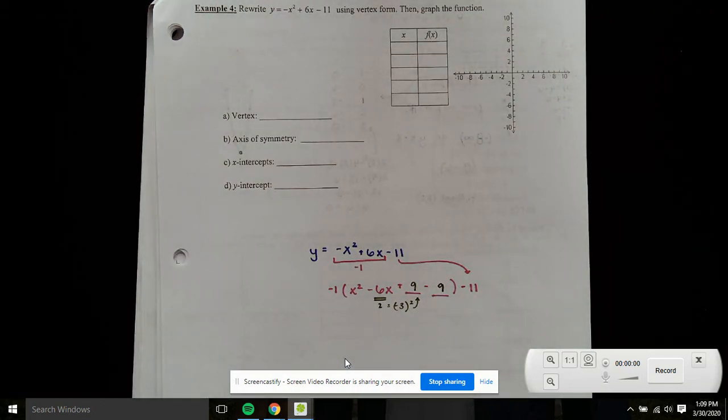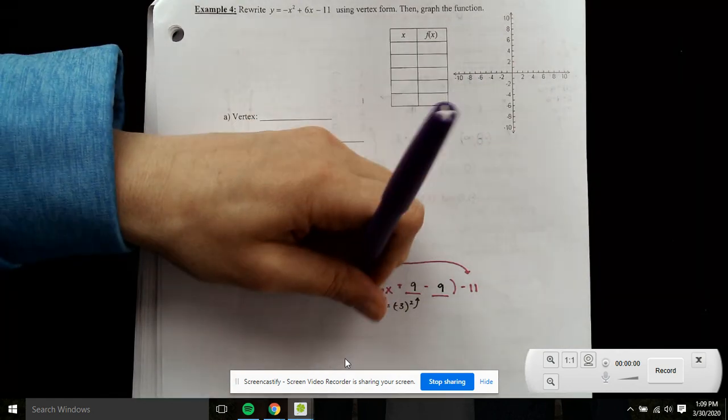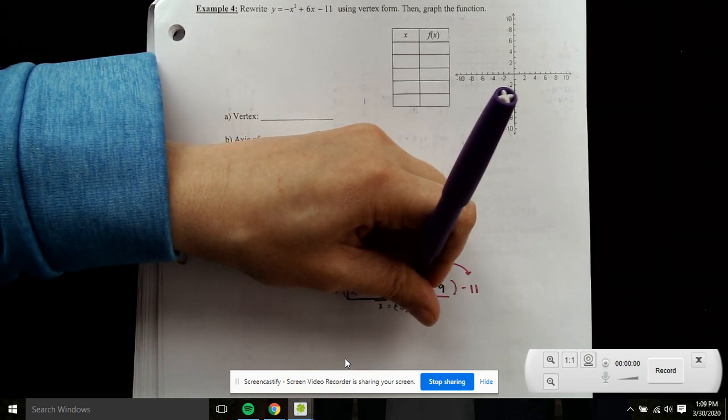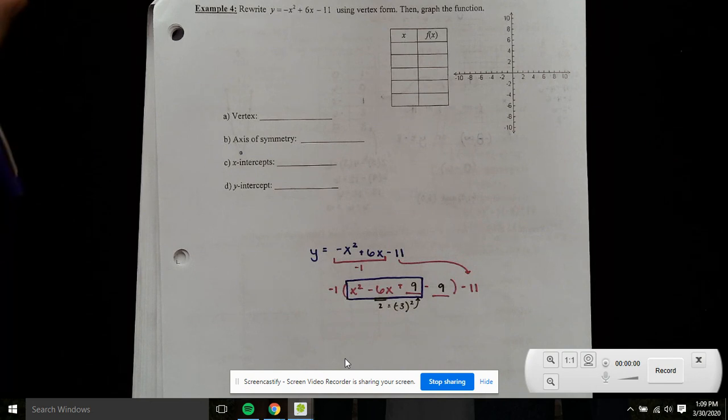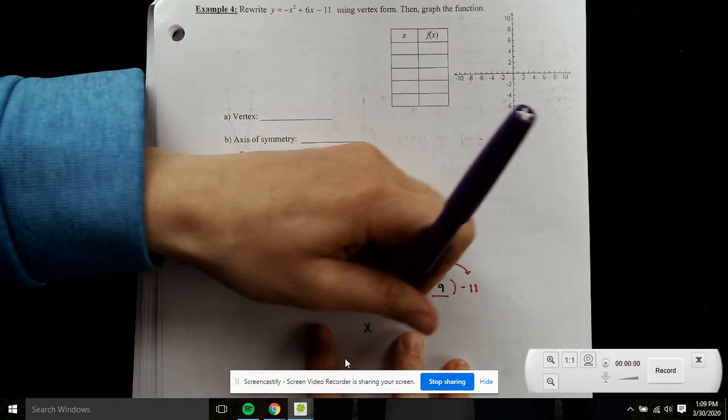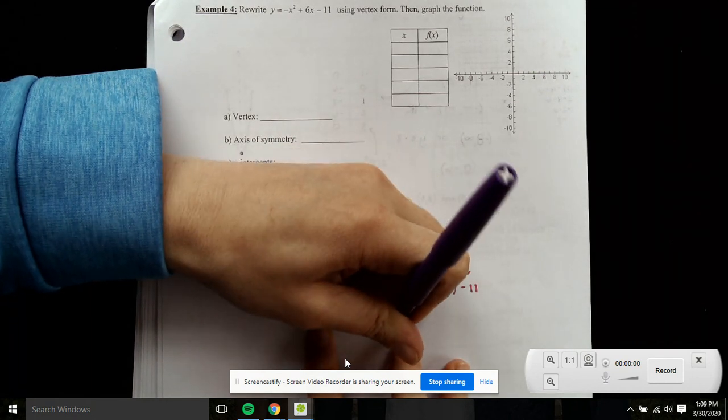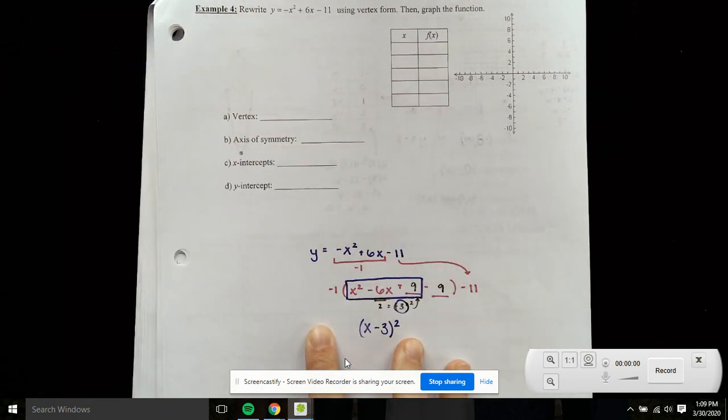Now I've found that magic number that completes the square, and I need to rewrite x squared minus 6x plus 9 as my perfect square trinomial. So I'm going to rewrite that. That's x minus 3 squared.